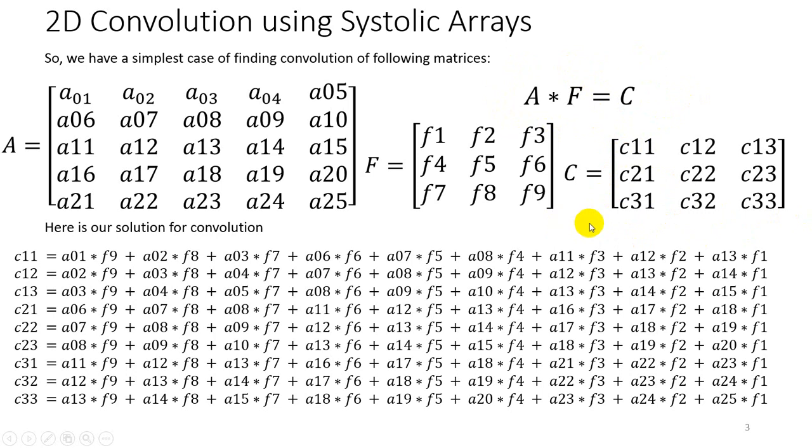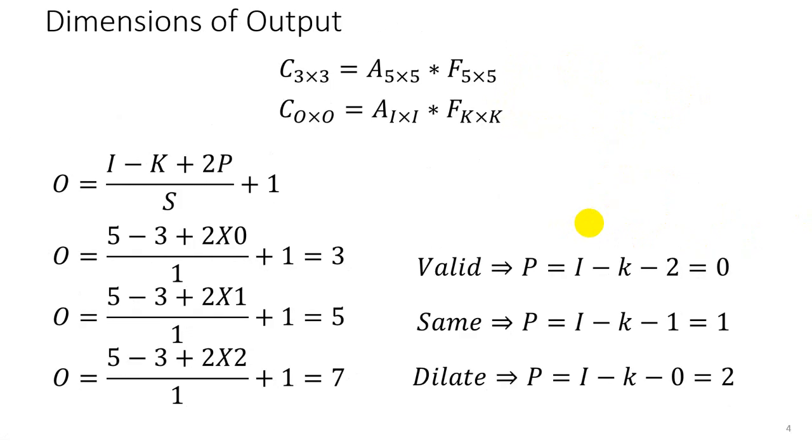We have 3 types of convolution, and we are discussing here only the valid case. We see what the dimensions of the output are.